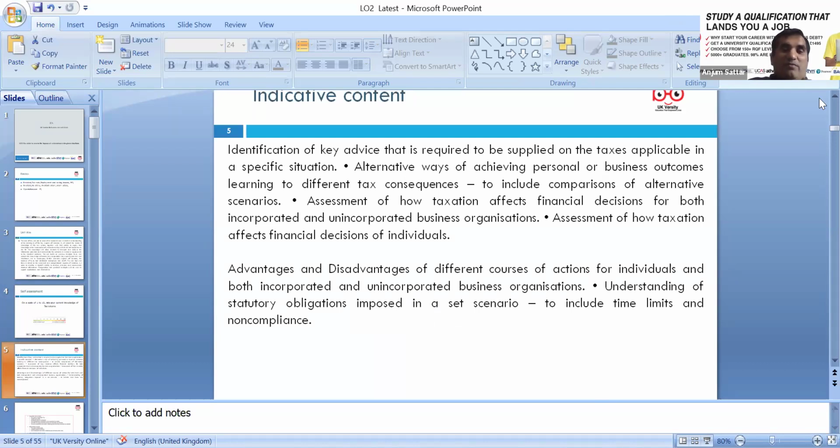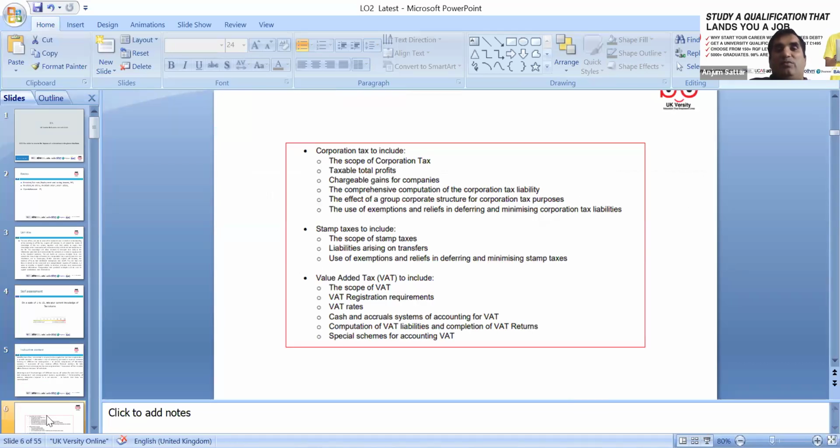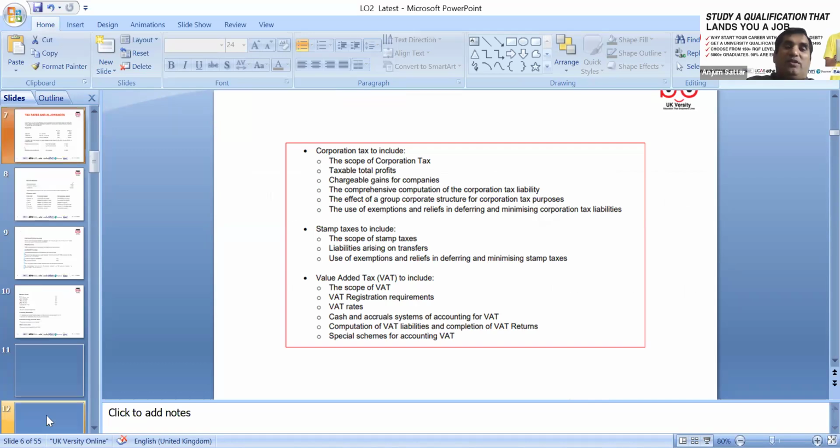For assessment, we look at the course of action, the advantages and disadvantages of moving the capital allowance and personal allowance between married couples, and how the tax bill can be reduced. We had discussion about the scope of corporation tax, total profit, taxable profit. Today's lesson will be focused on value added tax as well. That will be the key.